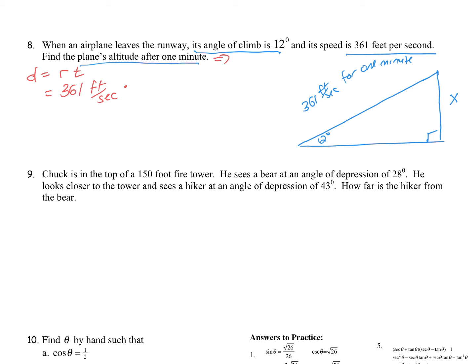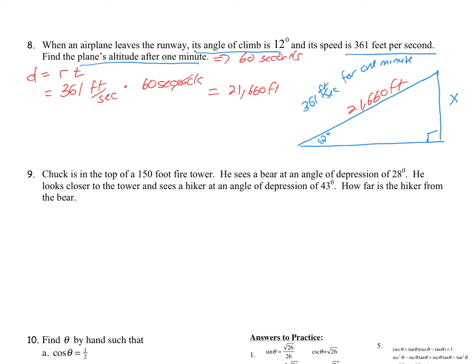I want to keep the units the same, so I'm going to use 60 seconds instead of 1 minute. So the time is going to be 60 seconds. So that means that the plane is going to travel 361 times 60, which is 21,660 feet. So this is our hypotenuse, 21,660 feet.